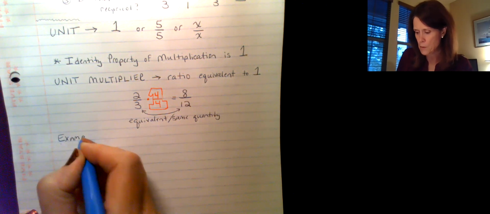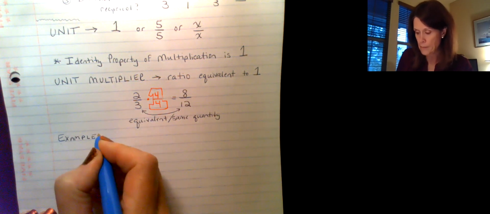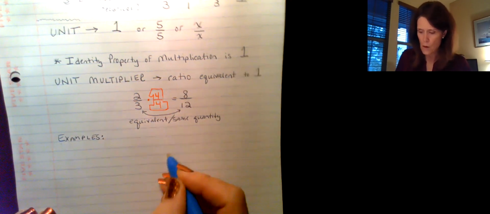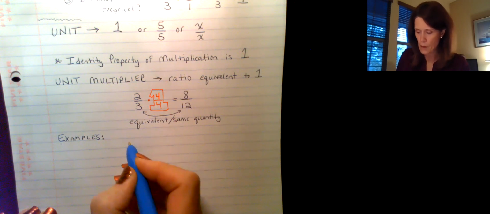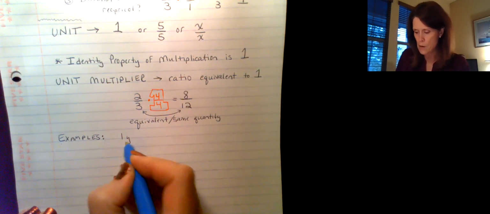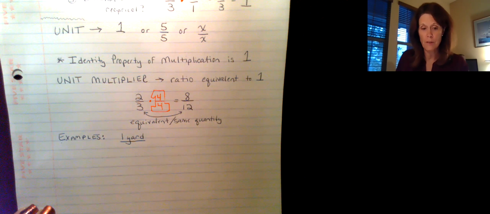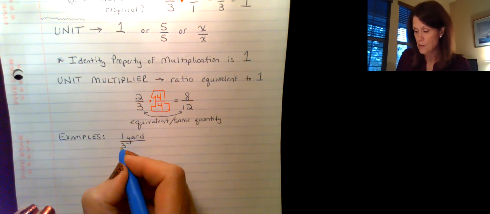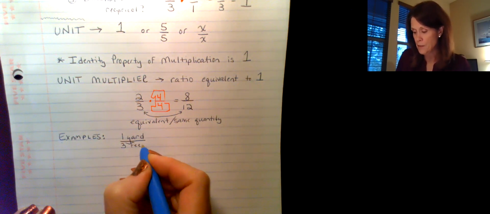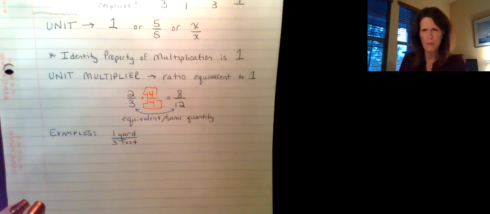Examples. About 1 yard is the same as 3 feet. You see how the labels are important because 1 and 3 are not going to be equivalent, but 1 yard is equivalent to 3 feet.